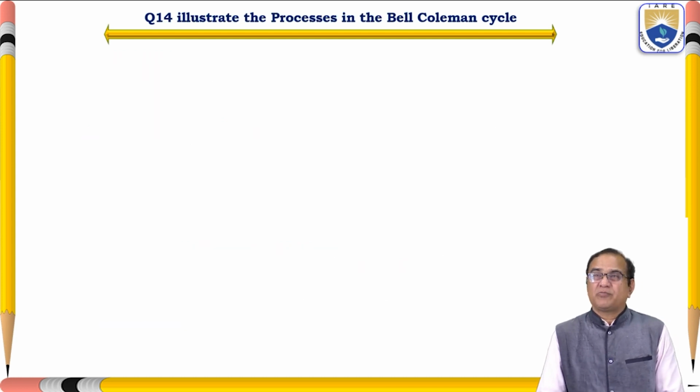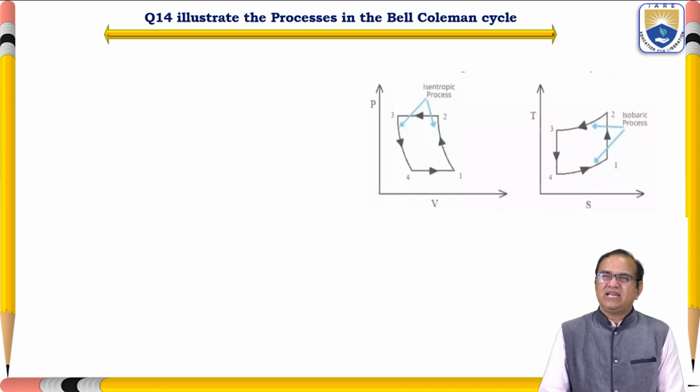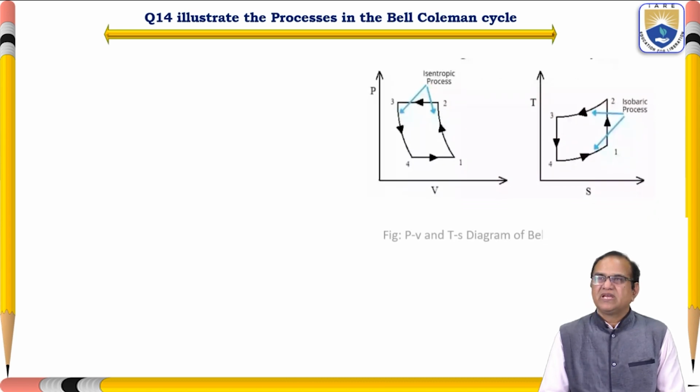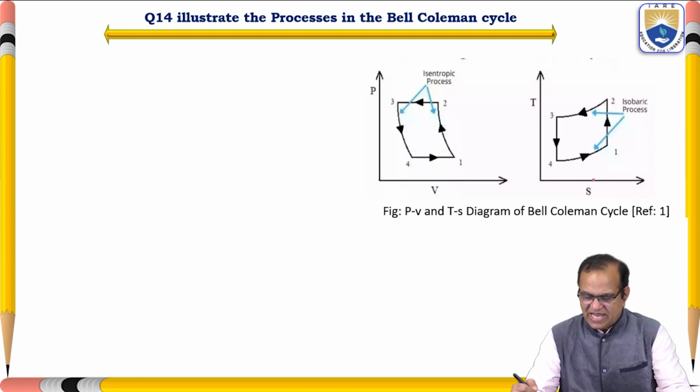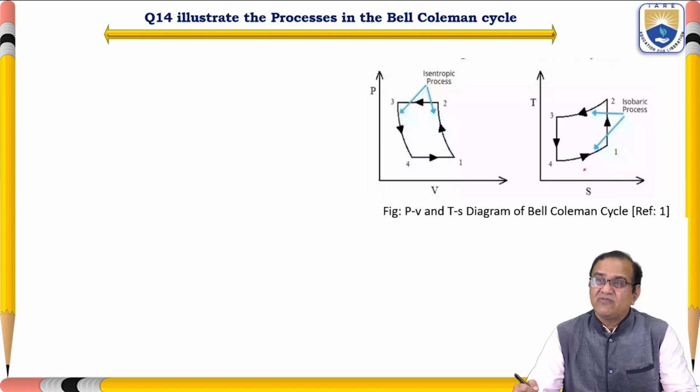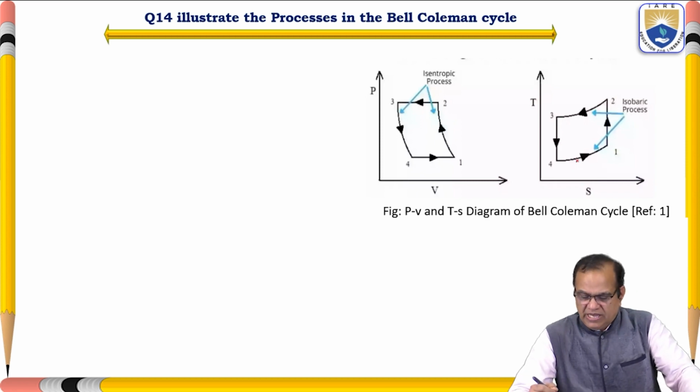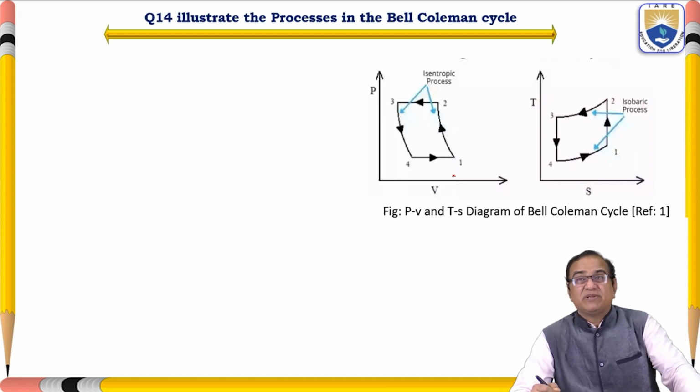Now I will discuss the processes in the Bell-Coleman cycle. Here is the diagram, with the PV diagram and the TS diagram. It is the reverse of the Brayton cycle.